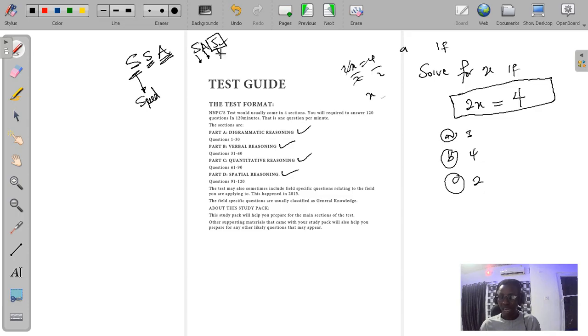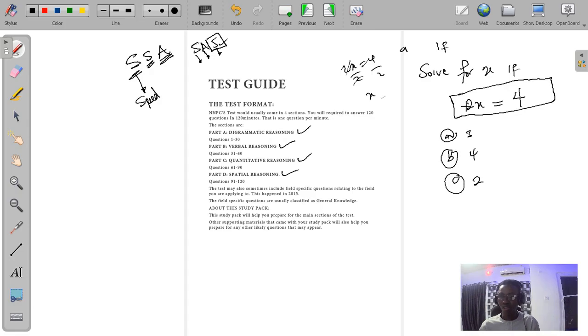The concept is that I can test the options. Sometimes you might have luck if the correct answer is in option A. I don't want to solve at all, I'm only looking at the screen. The question says solve for x, which means x is among these options: either 3, 4, or 2.